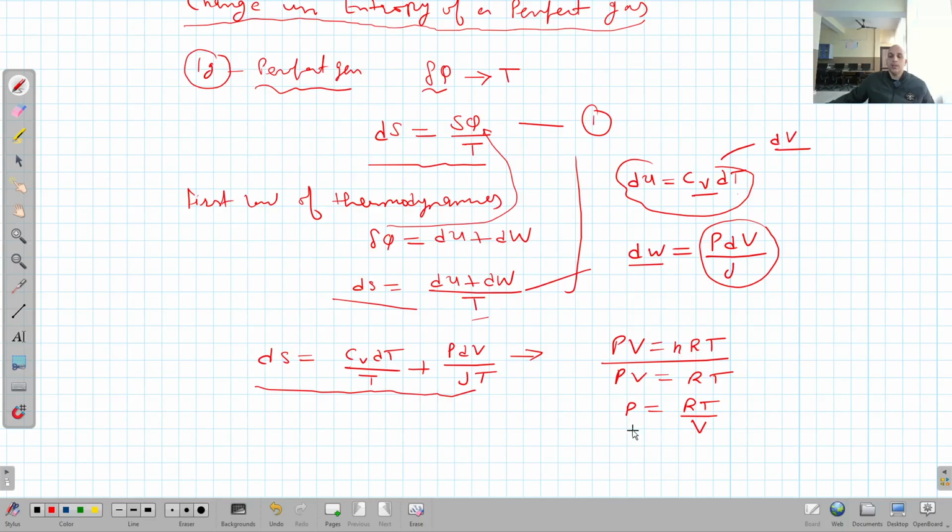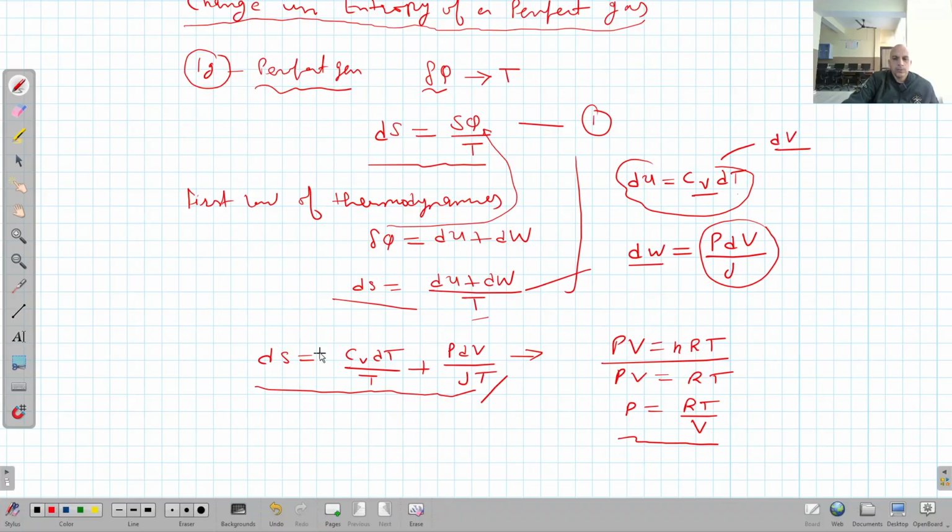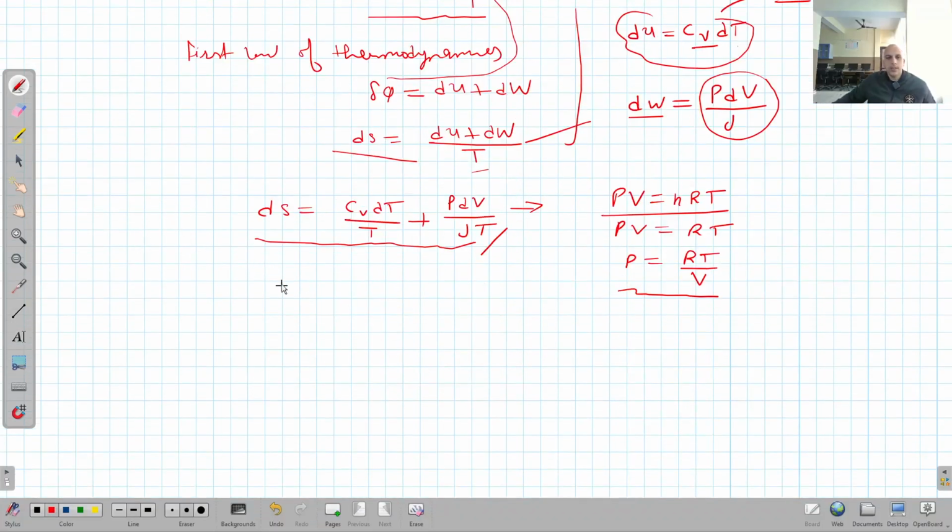So P is equal to RT upon V, and you can put this value here. Then this equation becomes dS equal to Cv dT upon T plus P, which is RT, dV upon J into T. So the T gets cancelled, and you get only R upon J into dV.